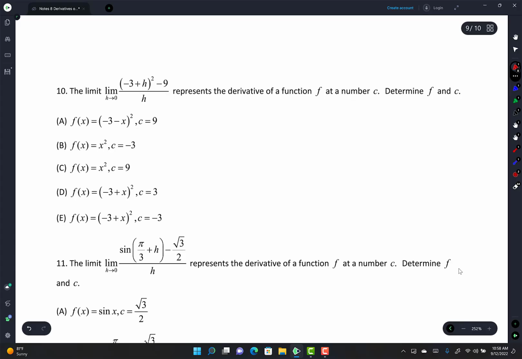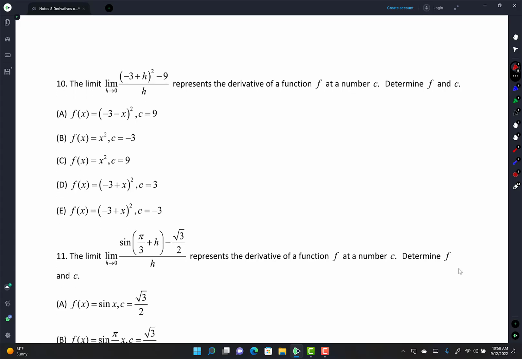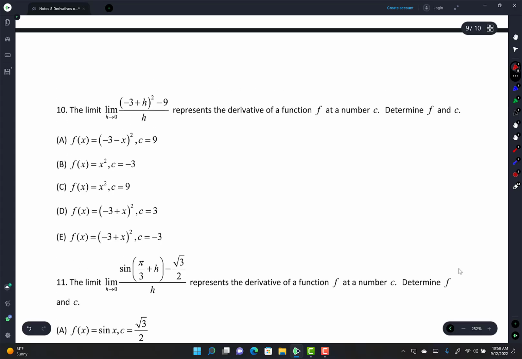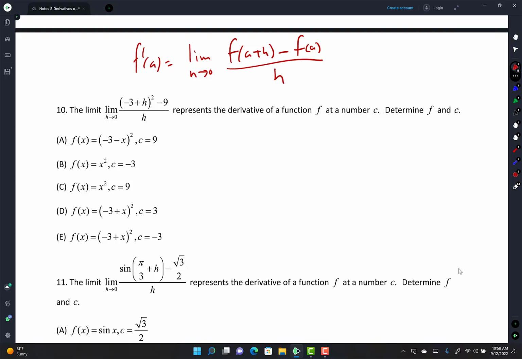Let's see if we can figure this one out, guys. Number 10. No. If a needle falls, it just breaks off in there, I'm done.